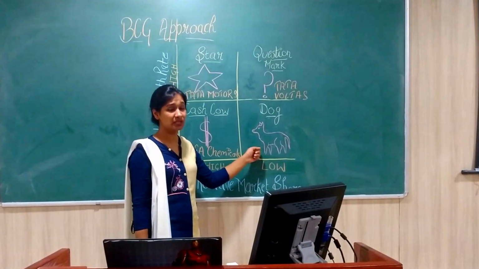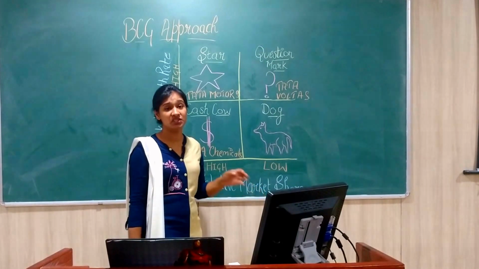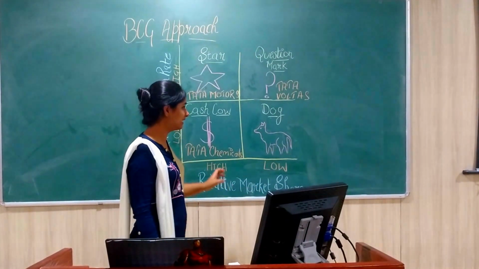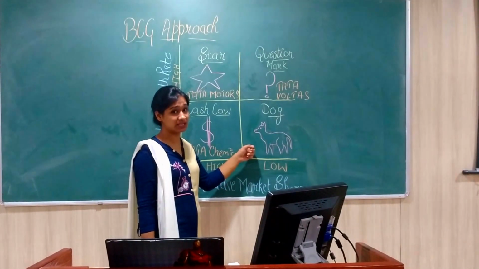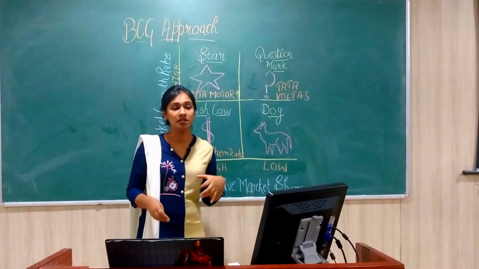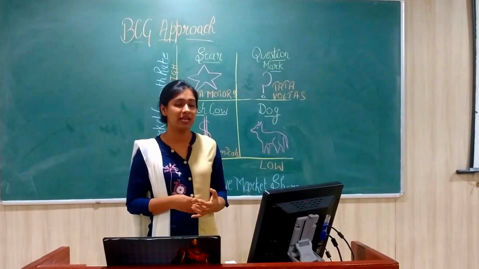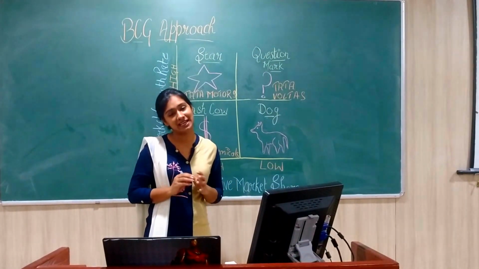The subunits under dog neither generate money nor need much investment, or they need very little investment. We should have fewer dogs in our company so that we don't face losses.